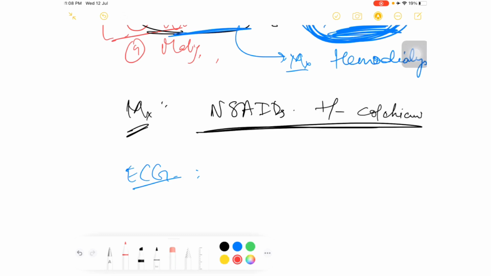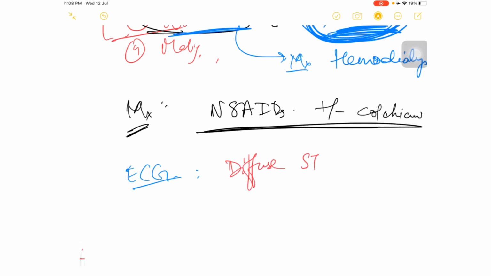There is alternating QRS complexes, low voltage. Very good. Diffuse ST segment elevation, first of all. This ECG is very easy because in the entire ECG, multiple leads will show you a lot of diffuse ST elevation. So easy ECG: diffuse ST elevation plus PR depression.